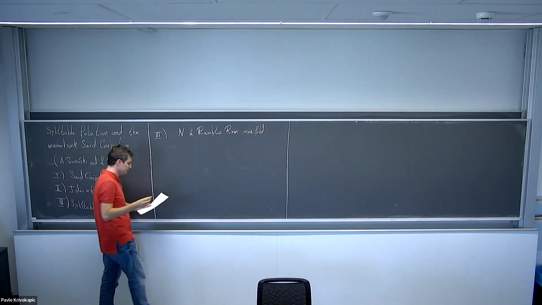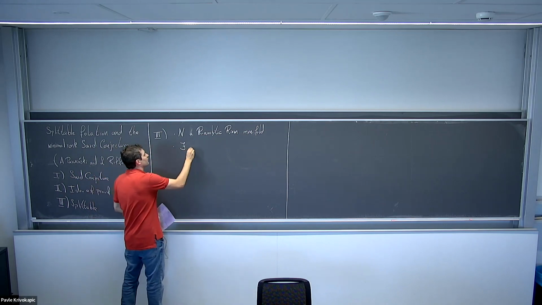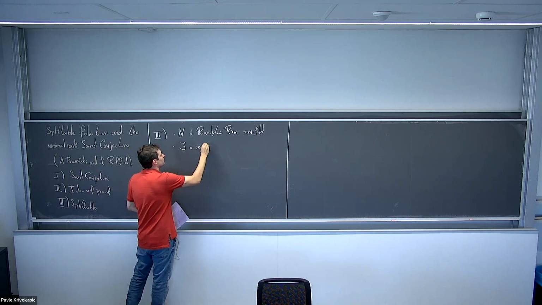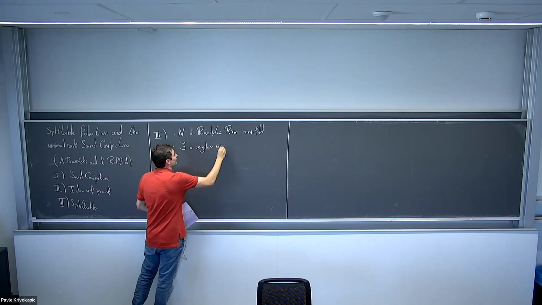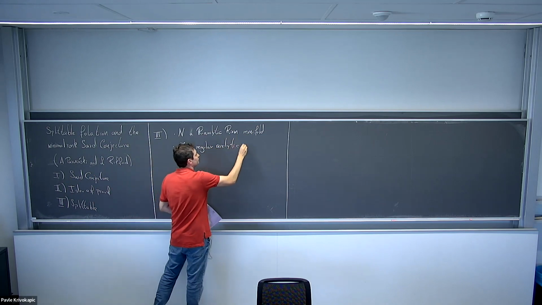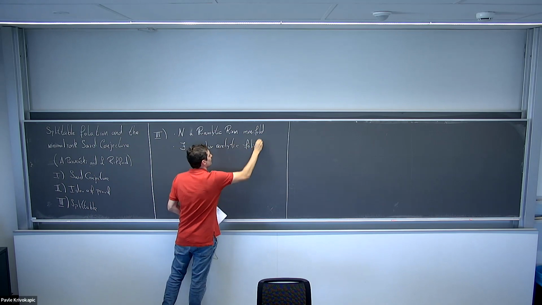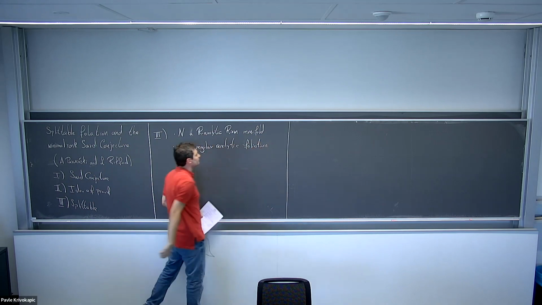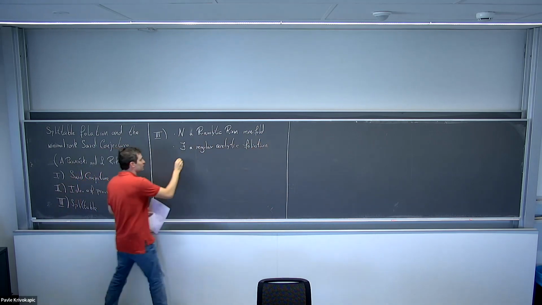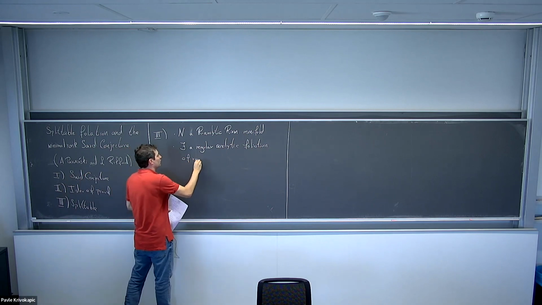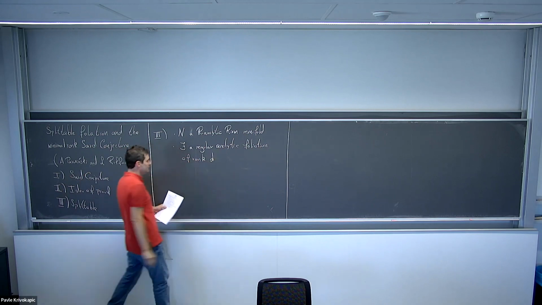I'm just going to take F, a regular analytic foliation of rank equal to D, some rank D.